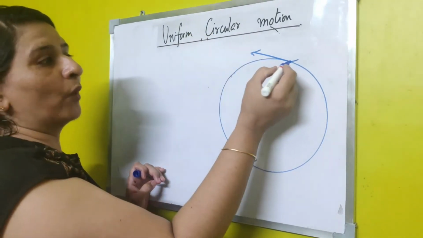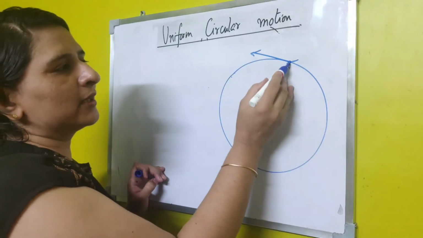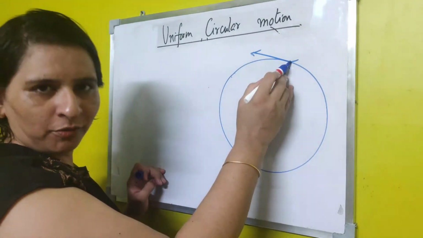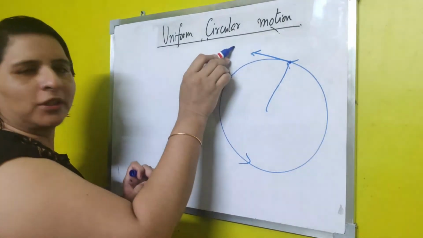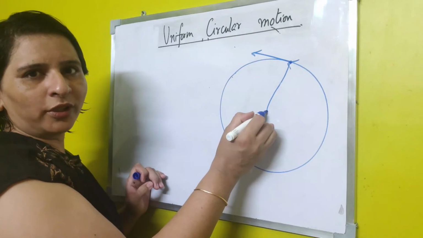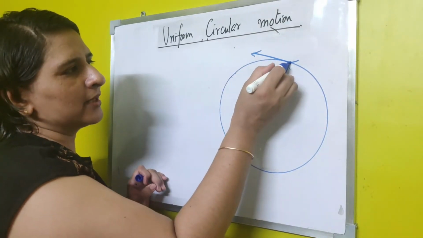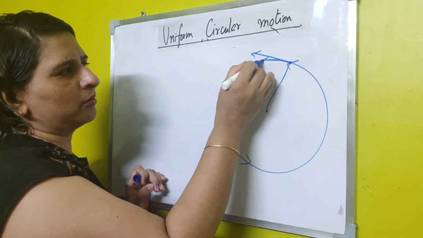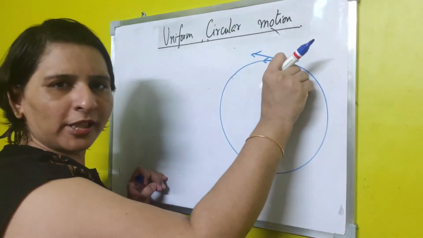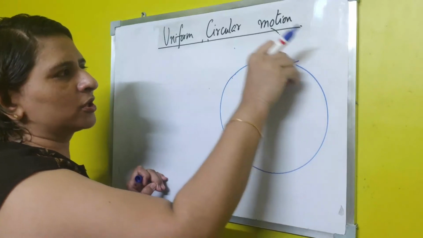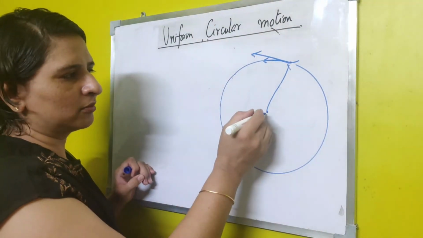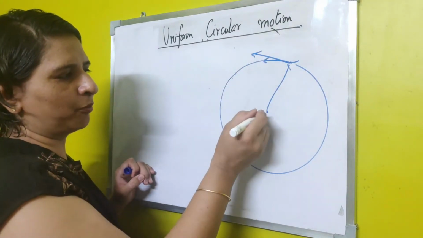Why is it so? Because at this point, the direction of the motion of the stone was actually this. But since it was tied to the center, it was taking a circular track, and hence it had changed its direction and moved on this track. But because now the contact point has broken, it goes in its original direction of velocity. Suppose the break point is somewhere here.